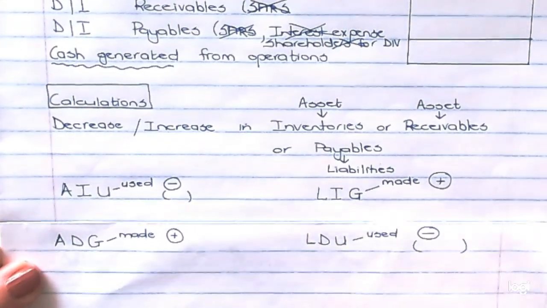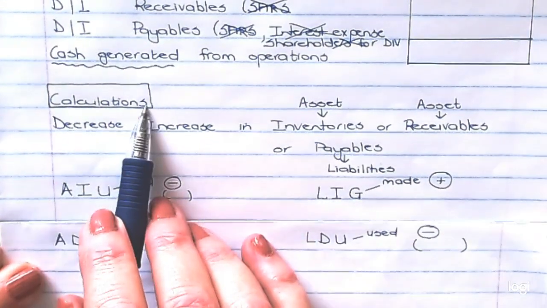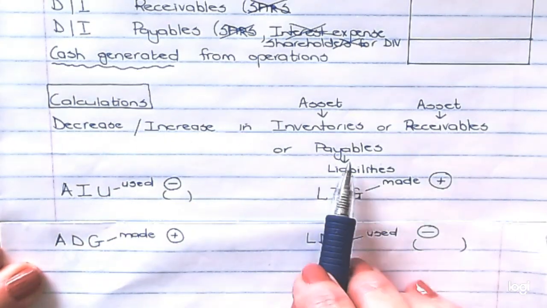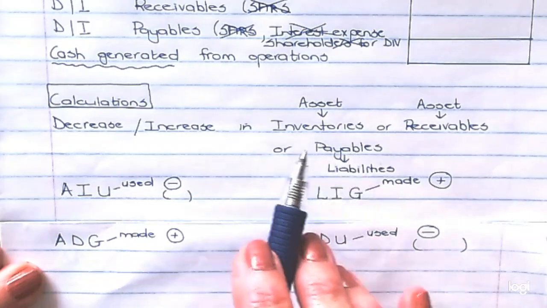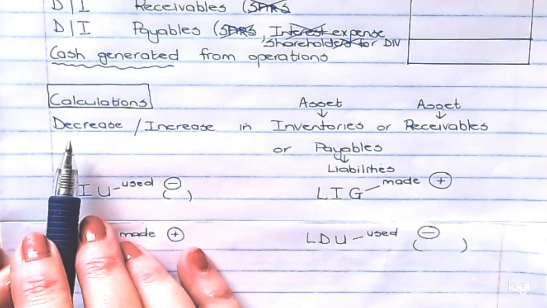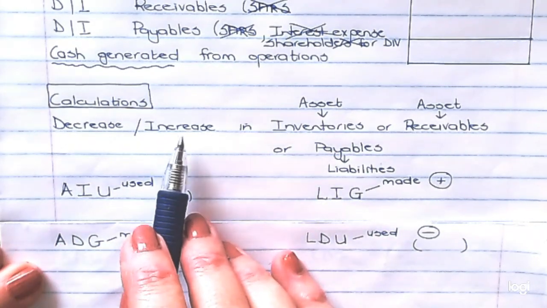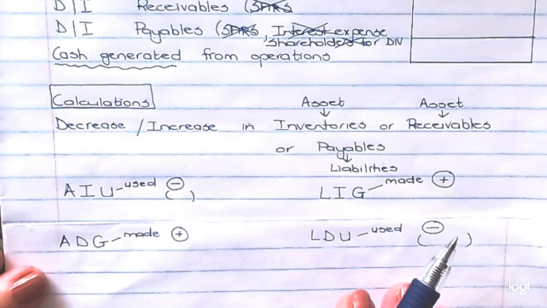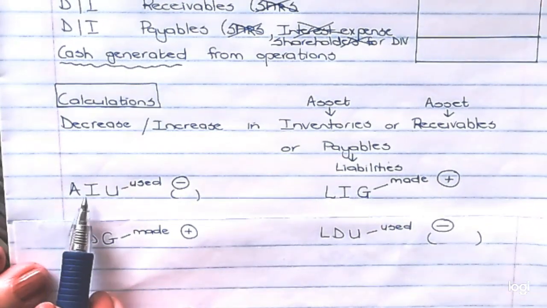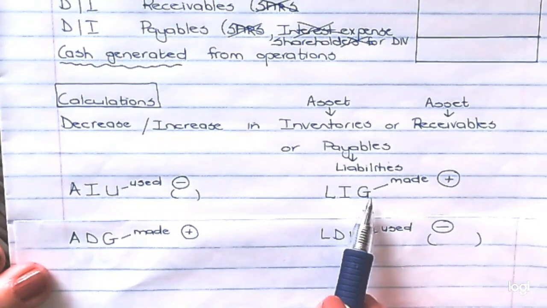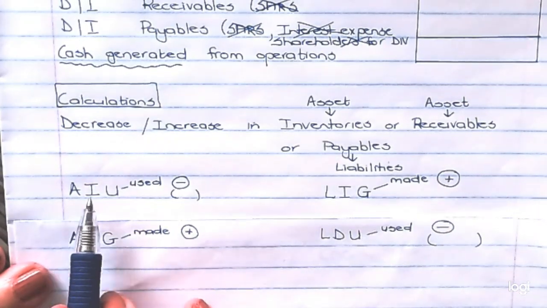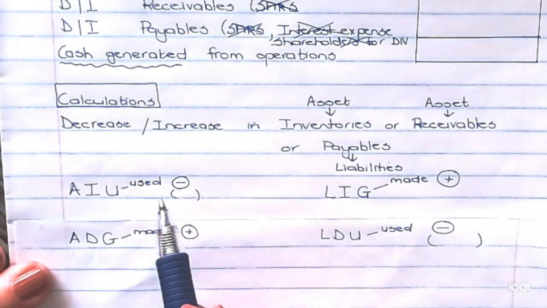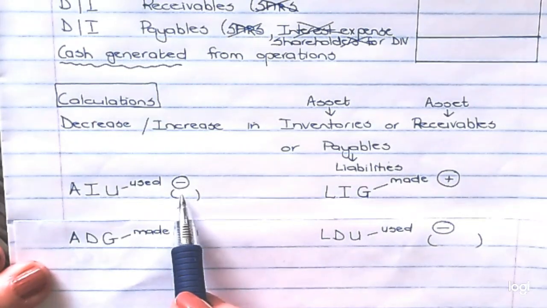So what we do is we say, when we need to calculate whether my inventory or my receivables or my payables actually decreased in cash or increased in cash, or whether it was an outflow, we use these acronyms. We say AU leak. So assets increase, money is used, so your answer will be negative.